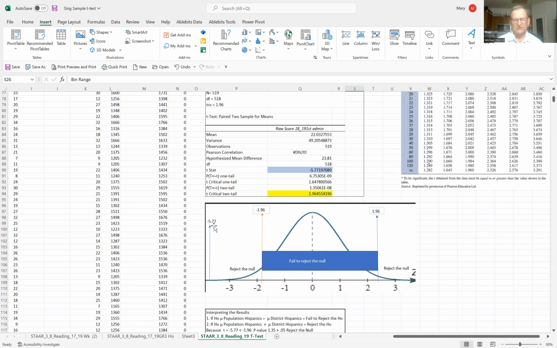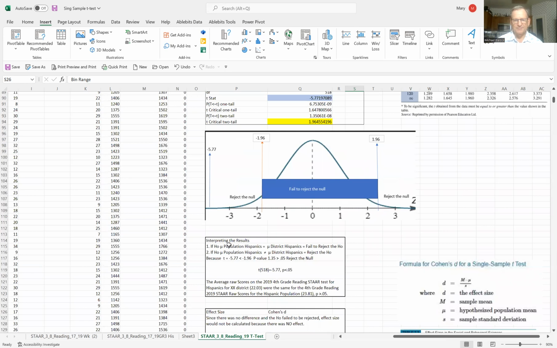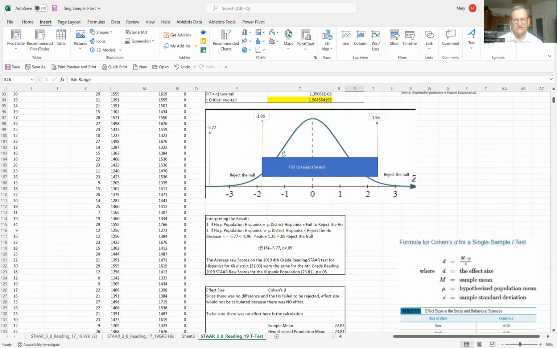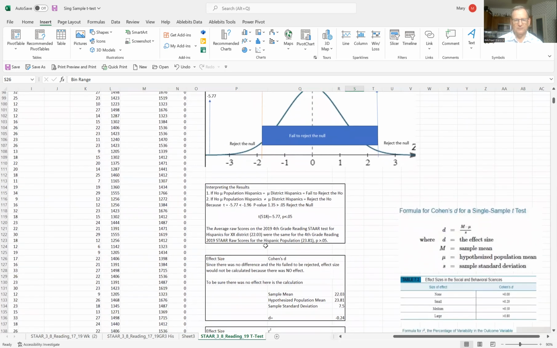And what I saw in a t-stat was negative 5.77. So trying to interpret the results, since it fell outside of the parameters, then I needed to reject the null. The average scores, therefore, were higher.